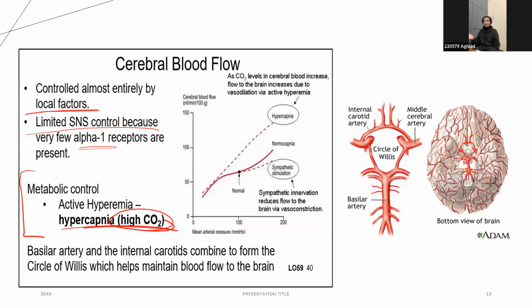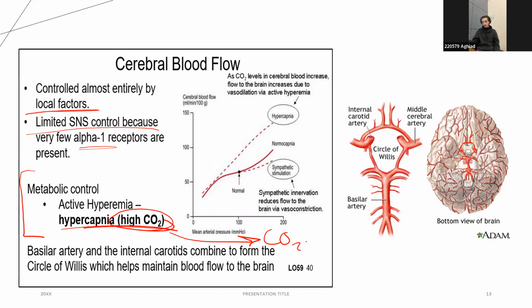Unlike skeletal muscles, which are 40 to 45% of the body weight, however they usually get at rest 15 to 20% of blood flow. So this just shows how metabolically active the brain is. But again, it's not a muscle, so you don't get reactive hyperemia, nor myogenic control. It's mainly active hyperemia through the accumulation of carbon dioxide.